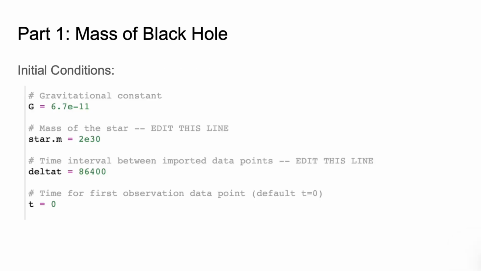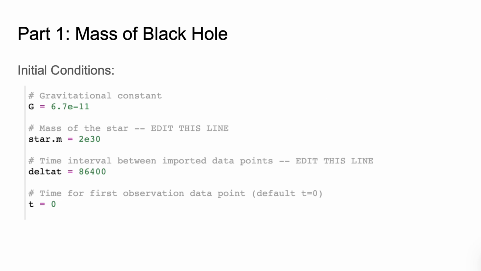Now in part 2, with the mass of the black hole established, we can start calculating the trajectory of our spacecraft orbiting in the near vicinity. Through experimentation, we determined the velocities for the spacecraft to navigate close to the black hole without succumbing to it and getting sucked in.